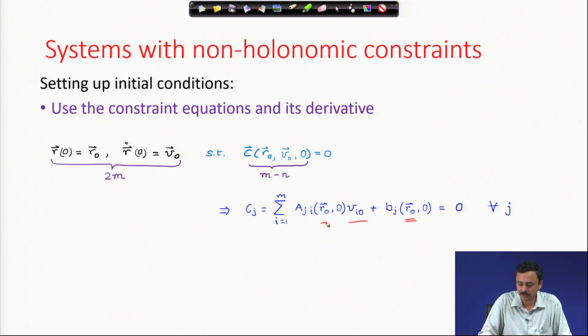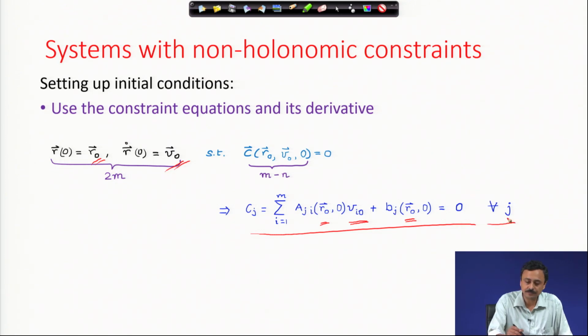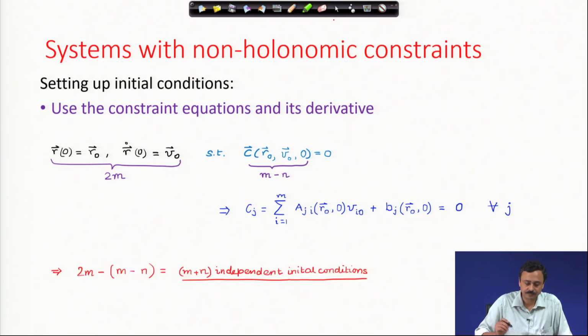These are the positional initial conditions r0, and we have these velocity initial conditions. Now, all these things must satisfy this constraint, that this must be equal to 0 for all the constraints. Therefore, we have these 2m initial conditions, but not all independent. How many independent? Minus the number of constraints, so 2m minus n, that gives us m plus n independent initial conditions.